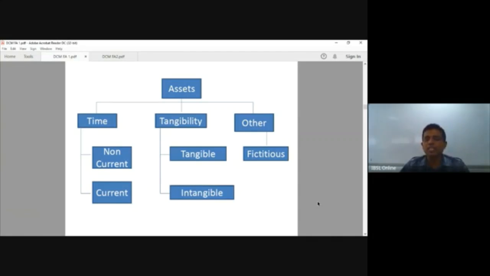Even though we consider it an asset, it does not generate any income to the organization. That's why we put the name fictitious assets. We cannot waste a lot of time in these areas, but I'm just covering the surface, the basic accounting background for you to get an understanding before we move into the financial statement analysis.